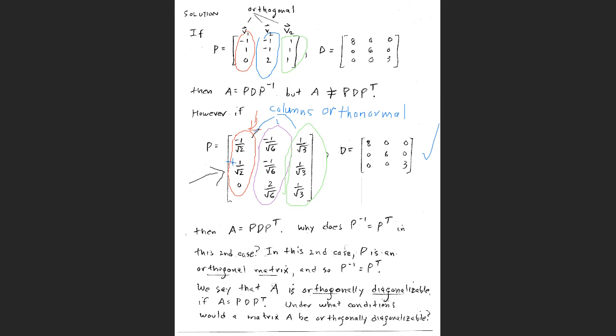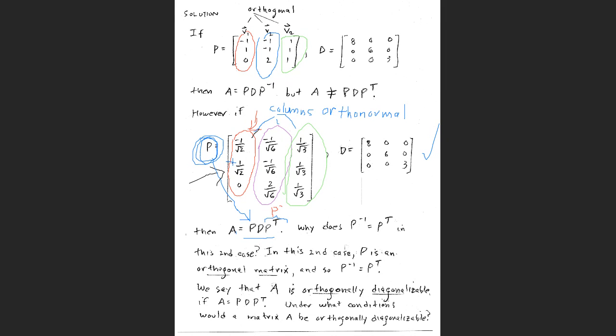So in this situation, and I checked it in MATLAB just because I wanted to, I knew it was true, but this matrix A will equal P times D times P transpose for this P. So that means really that P transpose would be equal to P inverse, right?